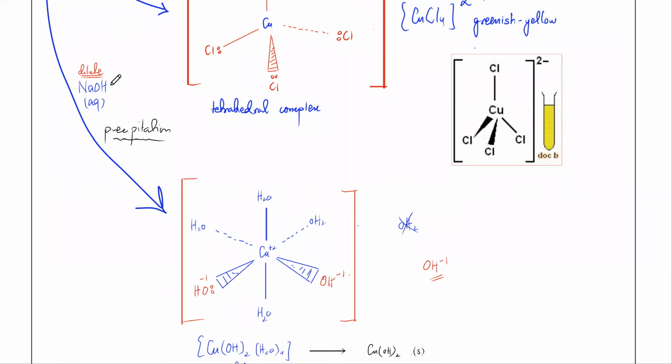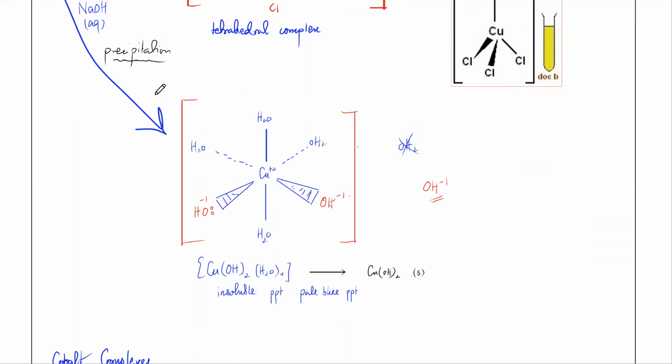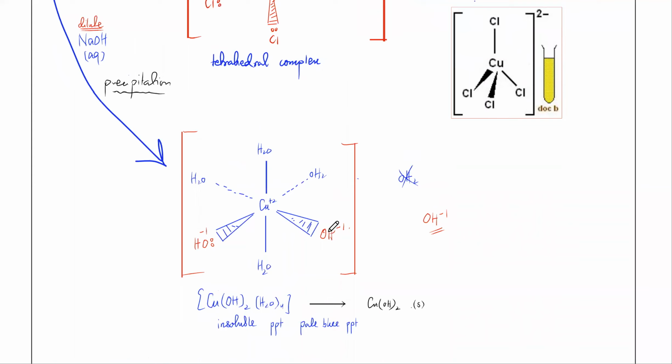And then you have NaOH. This is going to be a precipitation reaction. Two of the water molecules are going to get knocked out and replaced by OH ions, and usually it's just 2. The reason is that after 2 OH ions have replaced two of the water molecules, the molecule becomes neutral, so it doesn't attract any more OH ions.